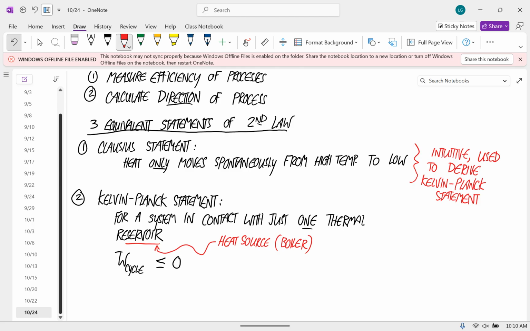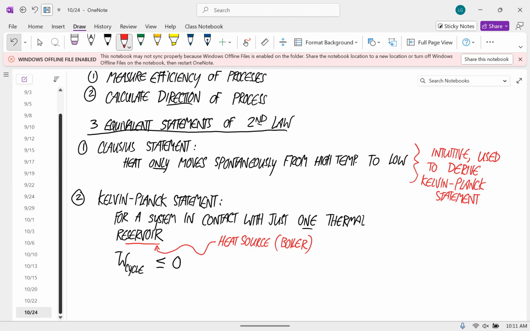If that train engine only has the fire, that's a thermal reservoir, the heat source, but doesn't have anywhere for energy to be lost, which would be like the smokestack, you can't produce work.